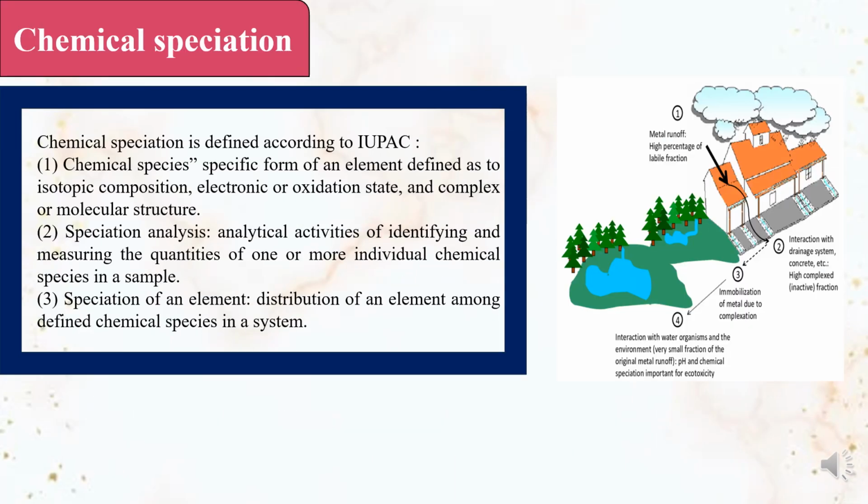So then coming to chemical speciation. Chemical speciation is defined according to IUPAC as follows. First, chemical species: a specific form of an element defined as to isotopic composition, electronic or oxidation state, or complex and molecular structure. Second, speciation analysis: analytical activities of identifying or measuring the quantities of one or more individual chemical species in a sample.